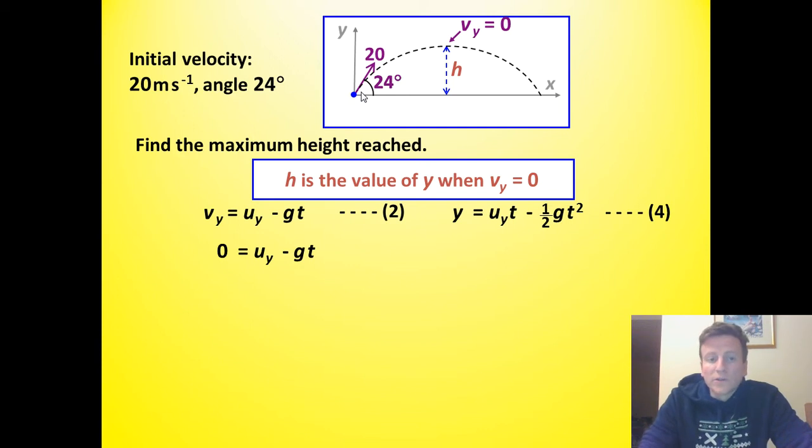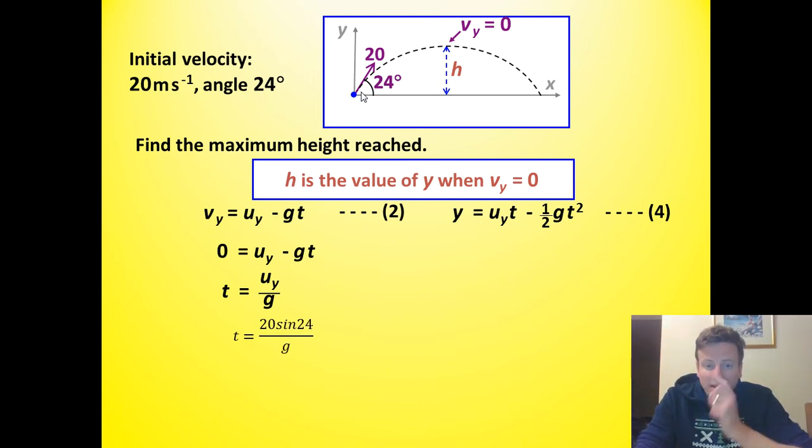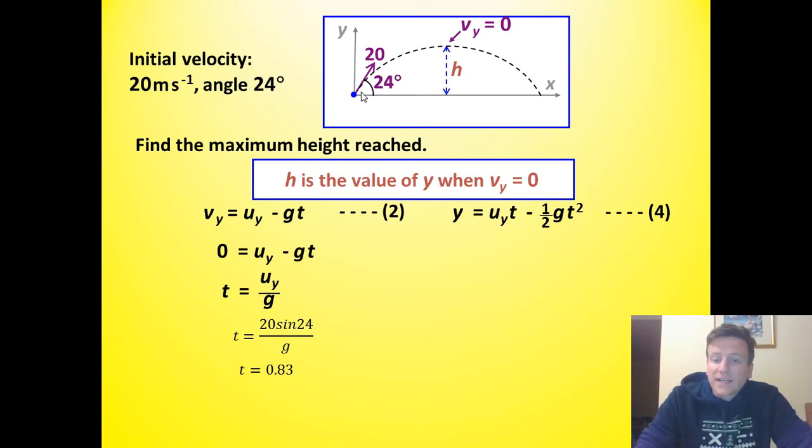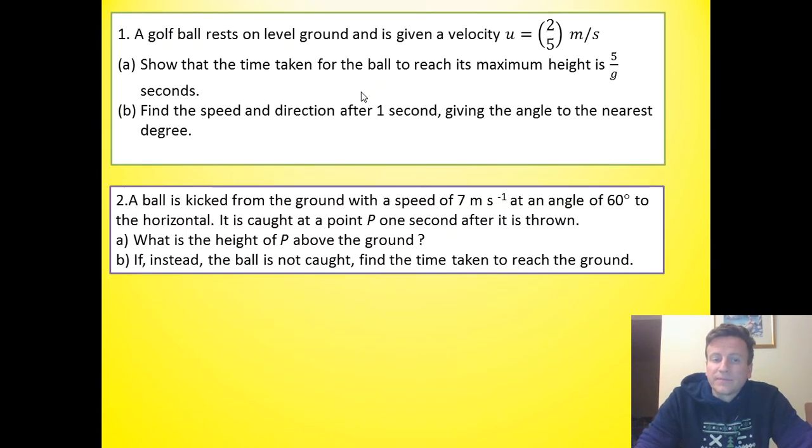If it's in the horizontal, it ends up being 20 cos 24. So putting that in, in the vertical it's 20 sine 24 over g, and we get our time of 0.83. We can then use that time of 0.83 to work out the maximum height. Again, just subbing it into our equation to get 11.79.